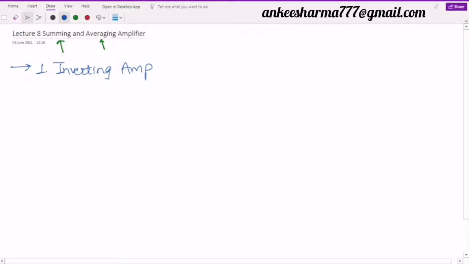As we are saying here, we are doing the summing, so definitely more than one input will be there. So I will draw my operational amplifier, with two input terminals, negative and positive. Positive will be grounded because this is the inverting one, and in the inverting terminal I am going to connect more than one input.